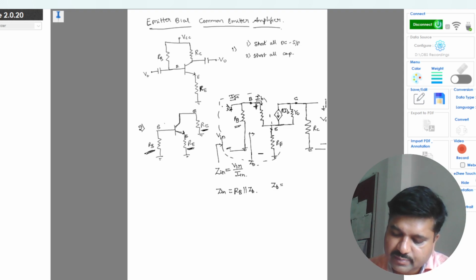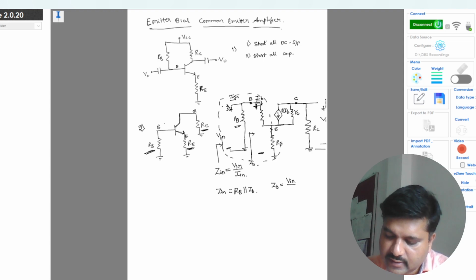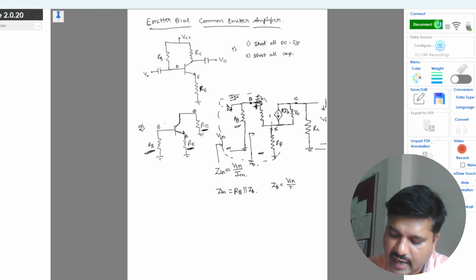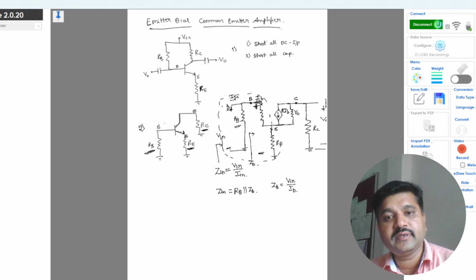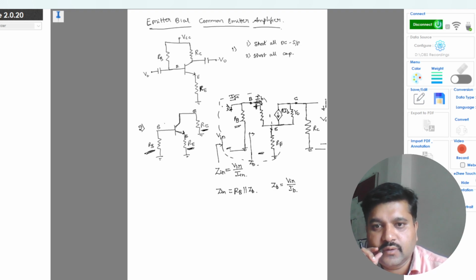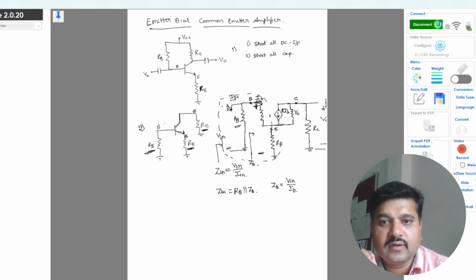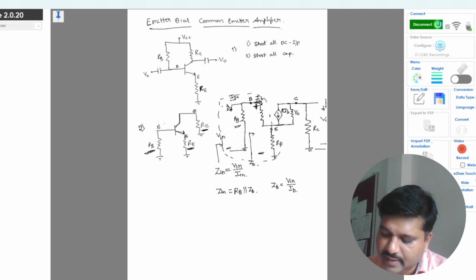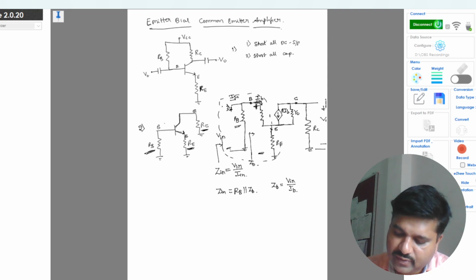The voltage between these same two terminals is nothing but your input voltage, and the current entering due to this ZB is IB. IB is the current entering due to this input voltage Vin. Now ZB is found by applying KVL to this loop.